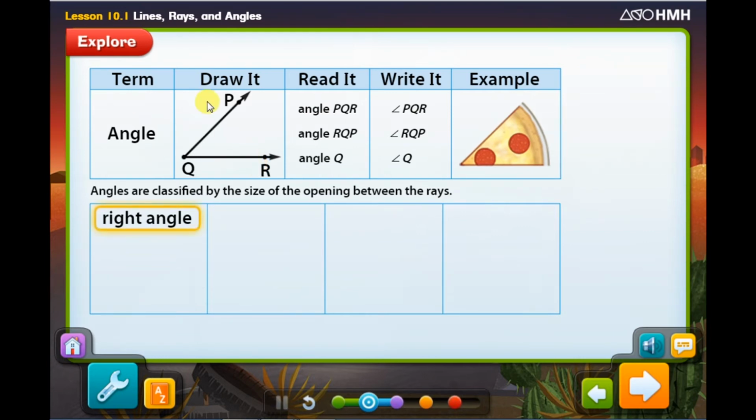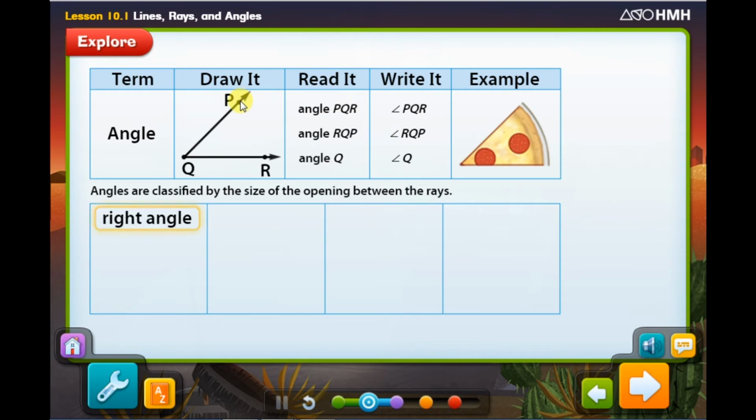So we said that the angle is formed by two rays or two line segments meeting at one endpoint, and this endpoint is called a vertex. So the vertex is the most important thing in the angle. That's why it should always be in the middle.